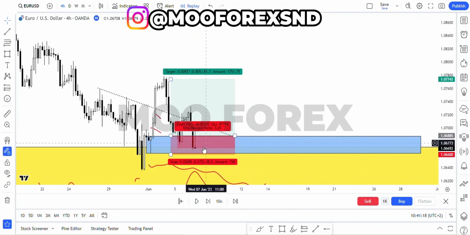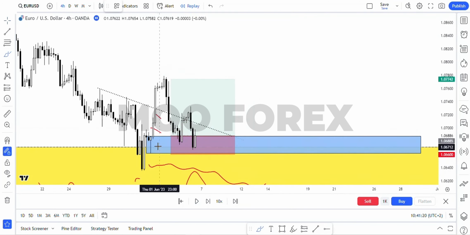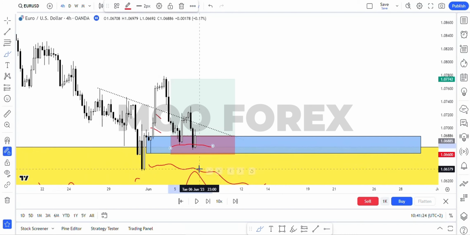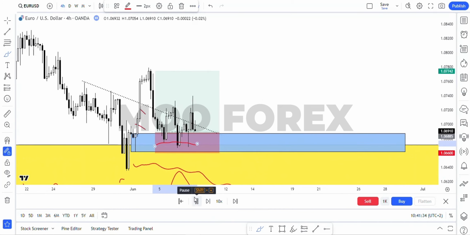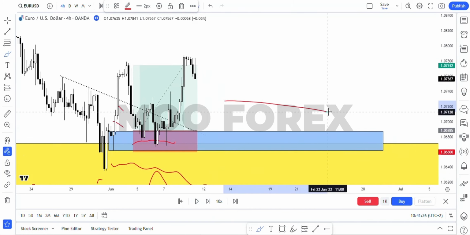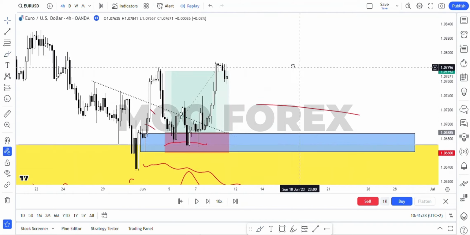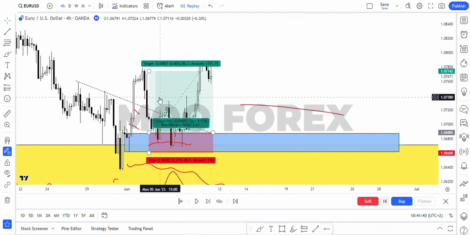As you can see, I'm in the trade and the market came very deep into this level. That's a good sign, because it means the market is collecting all the orders from big banks. And as you can see, I made my 3% very easily.